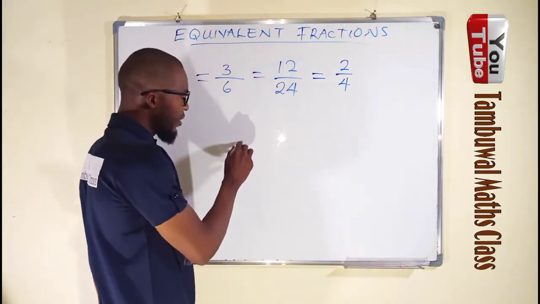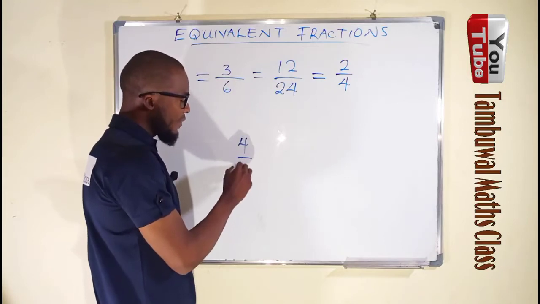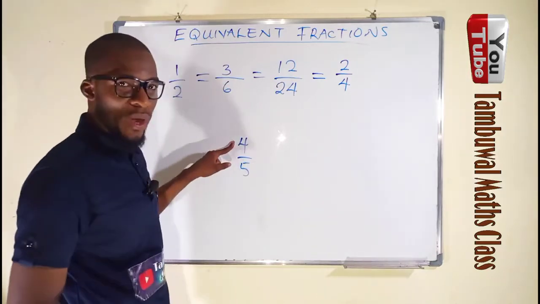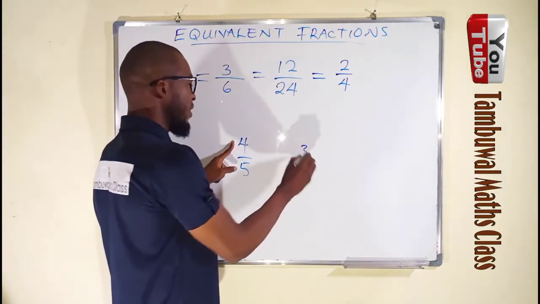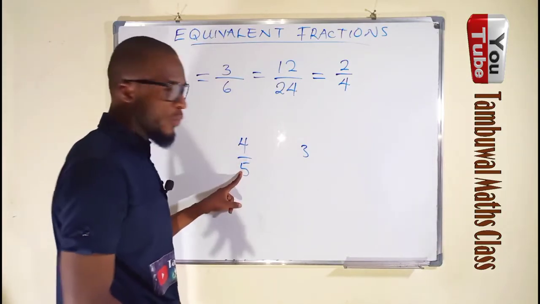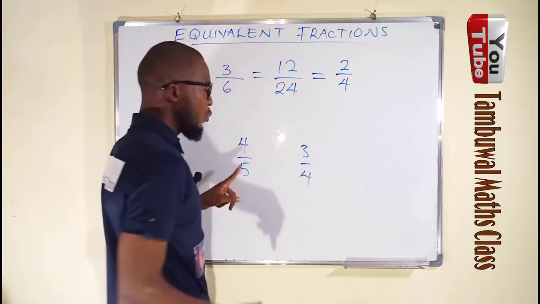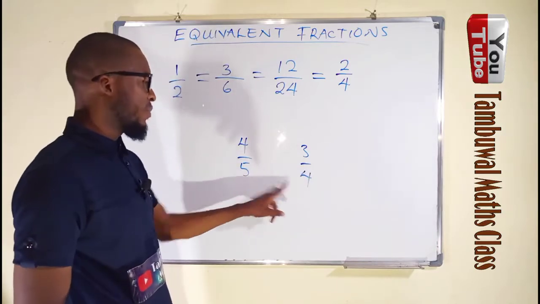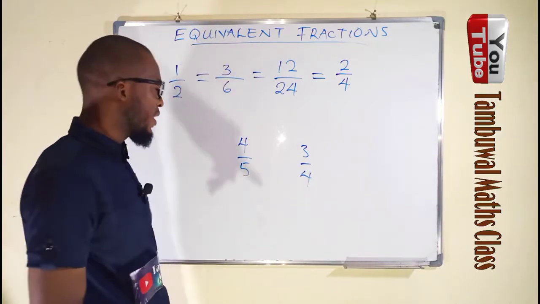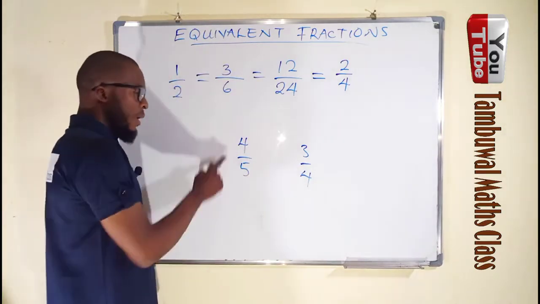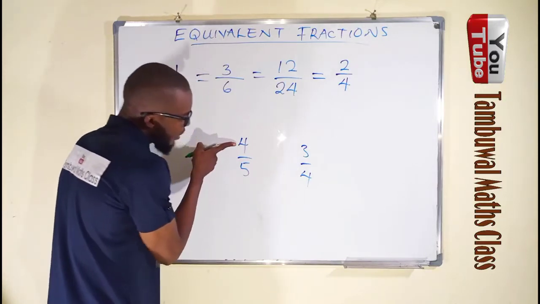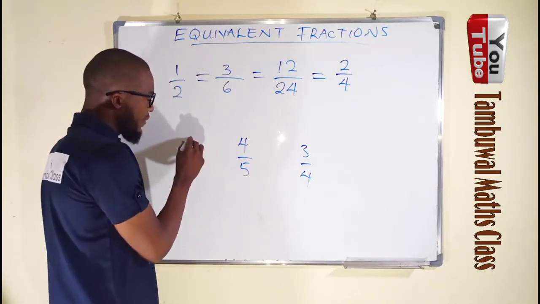Example, if I have 4 over 5, if you subtract 1 here, you will obtain 3. If you subtract 1 here, you will obtain 4. But these are not equivalent. They are never equivalent. If you add 1 to this number, you will obtain 5.